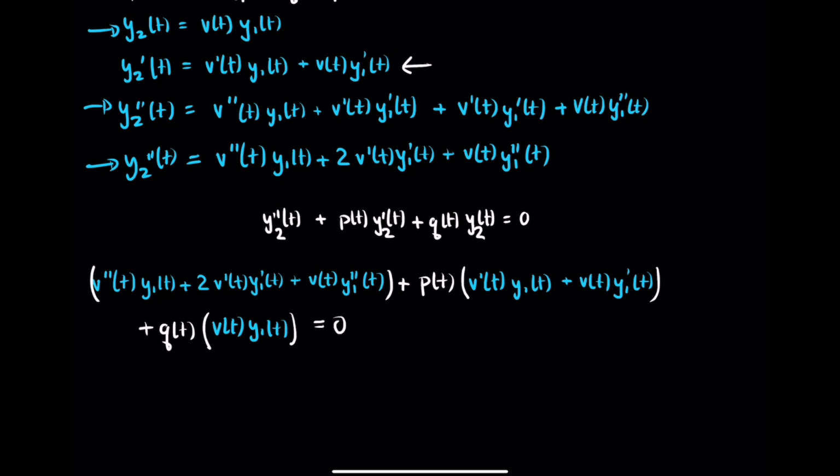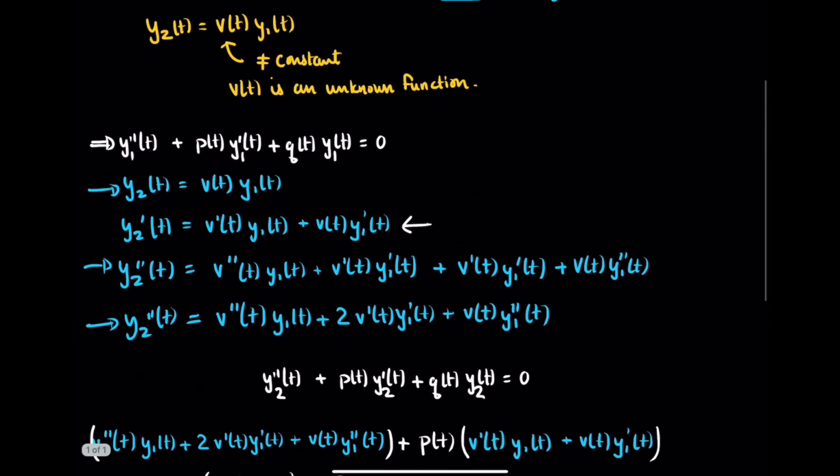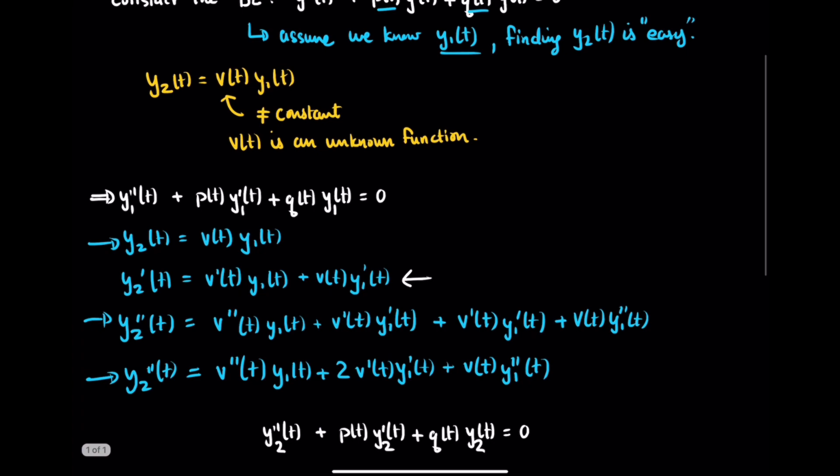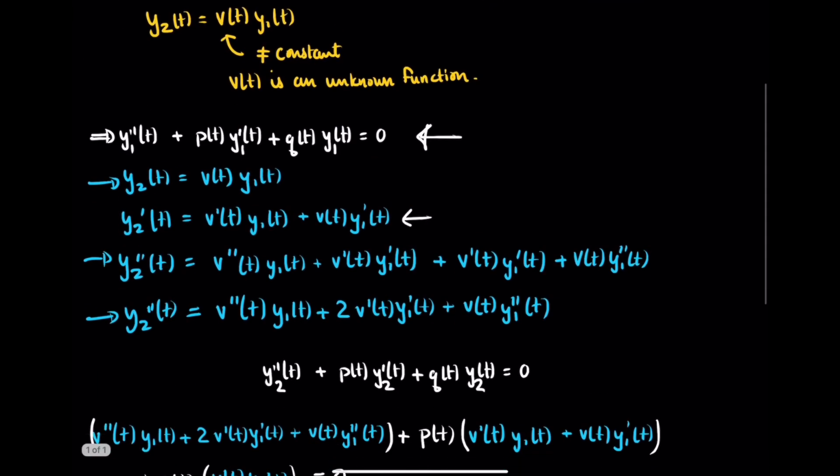Great, very good. Now we have to group a few like terms, and we have to use this fact right here. We know that y1 is a solution, so let's use that. If we combine it in a specific way, we can actually get rid of that term.